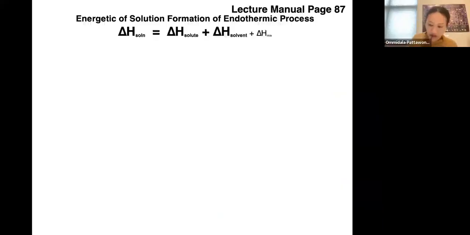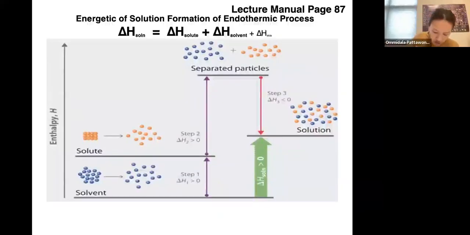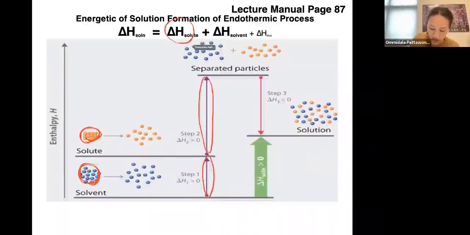The endothermic process happens when you have strong interaction between solute particles and solvent particles. Because the particles of solute and the solvent hold together very strongly, it's going to require a lot of energy to separate them. So you are going to end up with a high value of the delta H of the solute and the solvent.